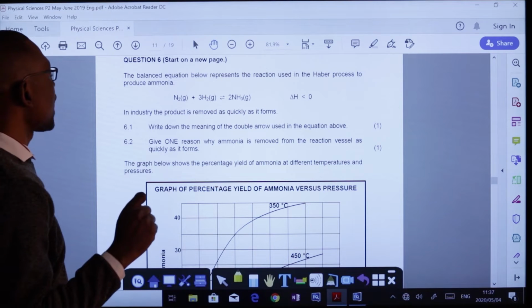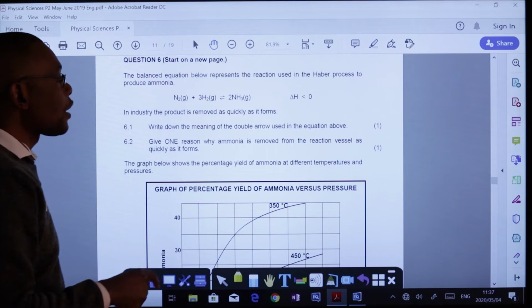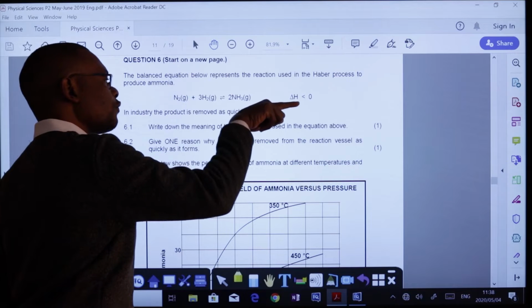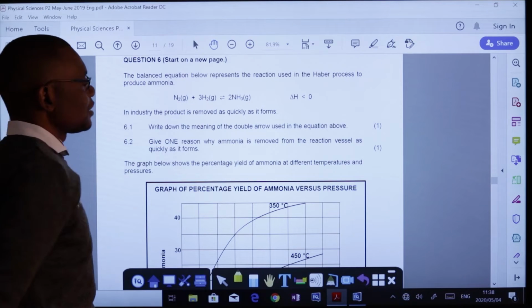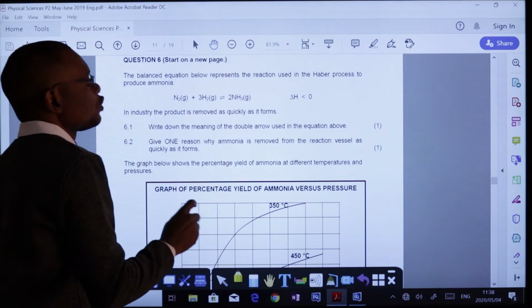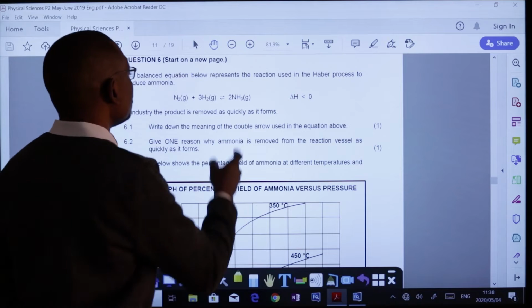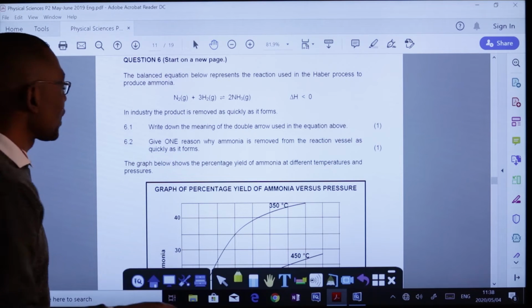There's a reason why that happens. So they are saying write down the meaning of the double arrow used in the equation above. So you see we've got an arrow moving forward and an arrow moving backward, meaning that this reaction is reversible. And as much as nitrogen and hydrogen combine to form ammonia, ammonia also breaks down to form nitrogen and hydrogen gases respectively, just for 1 mark.